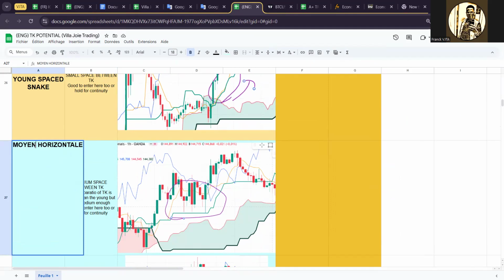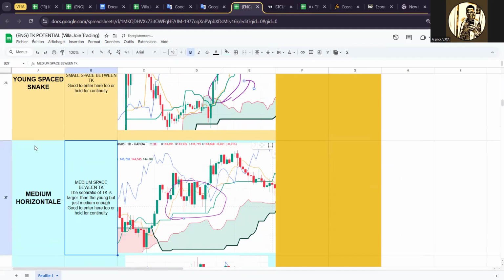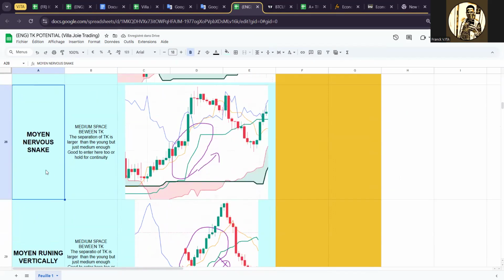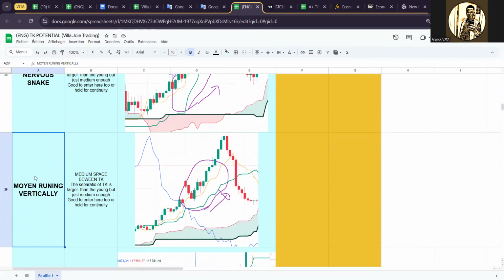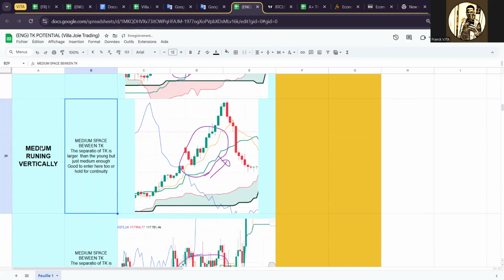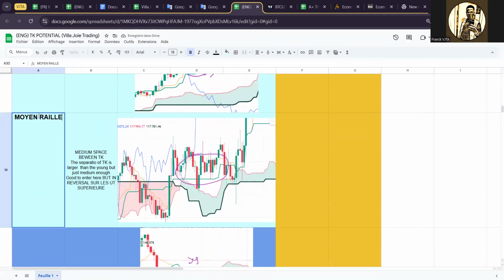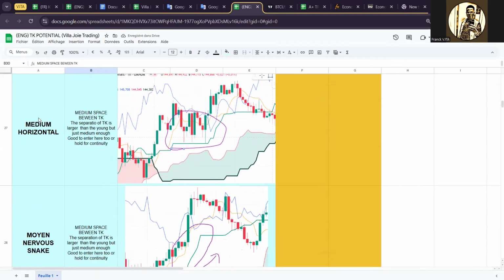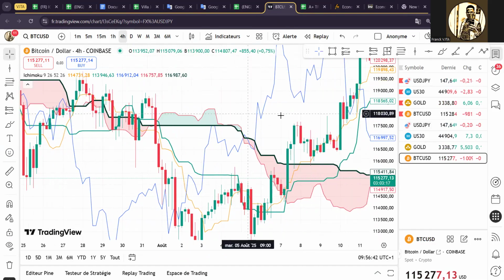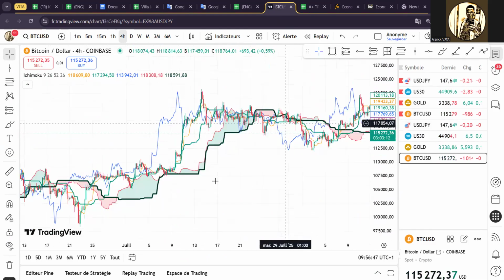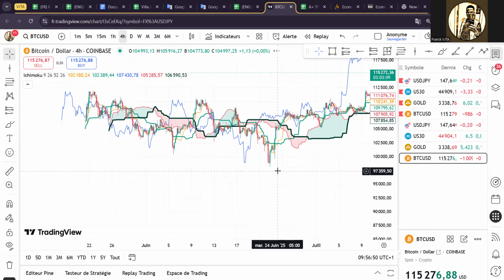It's surprising that I did not translate this one. Medium horizontal. This is medium. All of those are mediums. Medium, like the middle. The medium horizontal happens sometimes on the other side of the cloud.